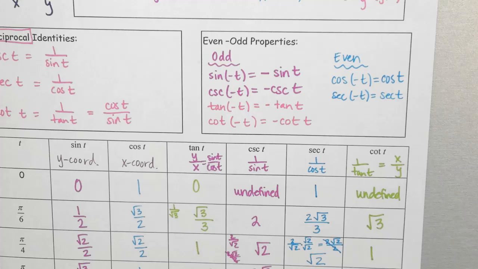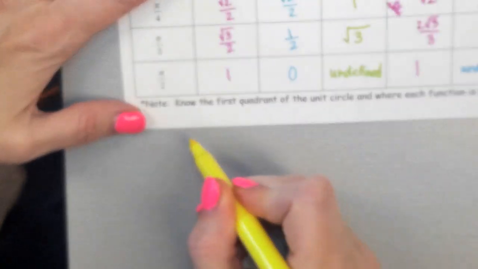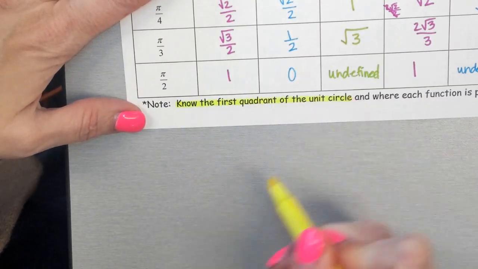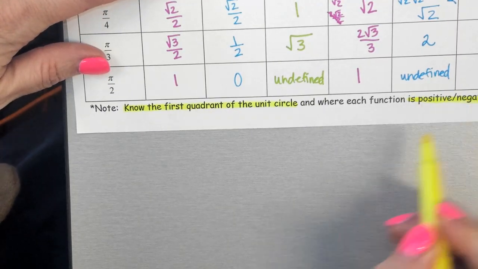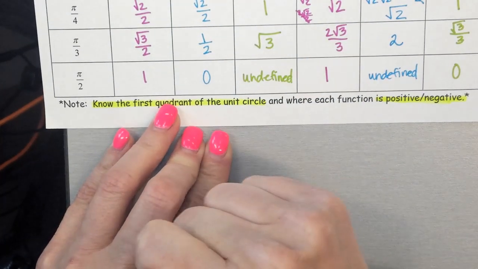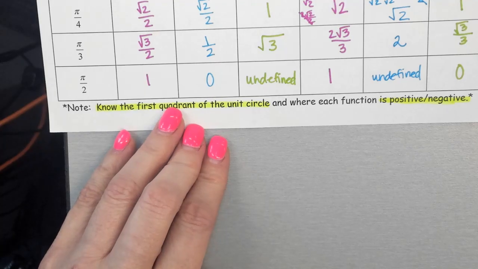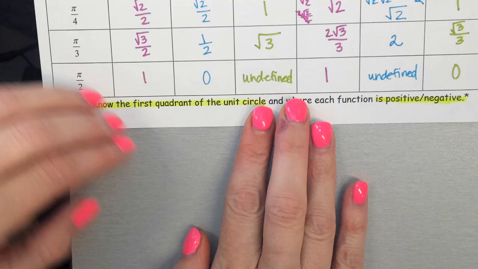Okay, so this unit we're going to do without our calculator and without a full unit circle. So you just have to know the first quadrant and then where your values are positive and negative for each quadrant. Okay, and based on those, you are going to be able to find these special places on the unit circle.